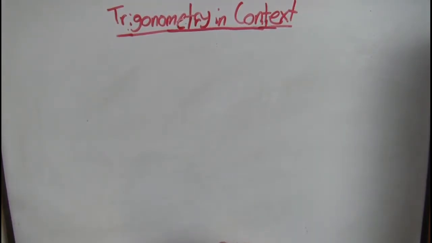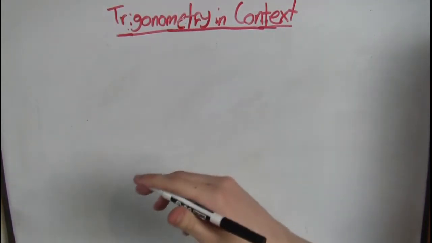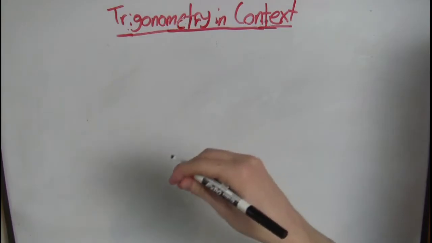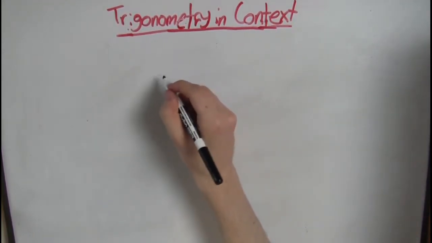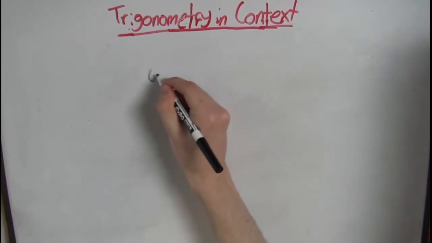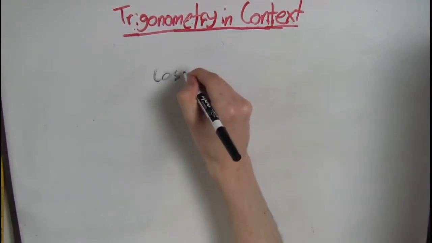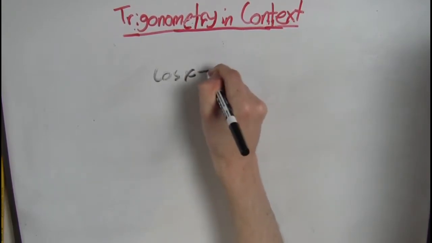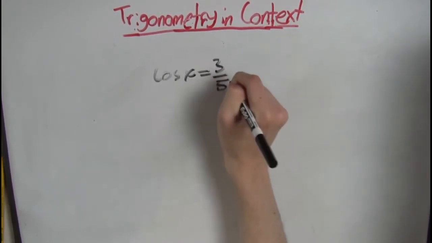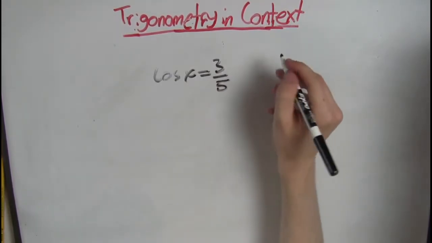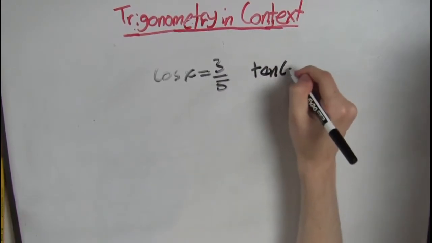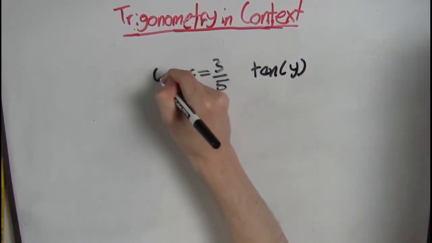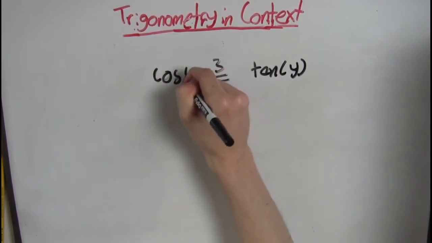Right? So let's start with a pretty common one, where they'll give you a trigonometric function and ask you for another trigonometric function. Like let's say the cosine of angle x is 3/5 in a right triangle, and I want to find the tangent of angle y in the same triangle.